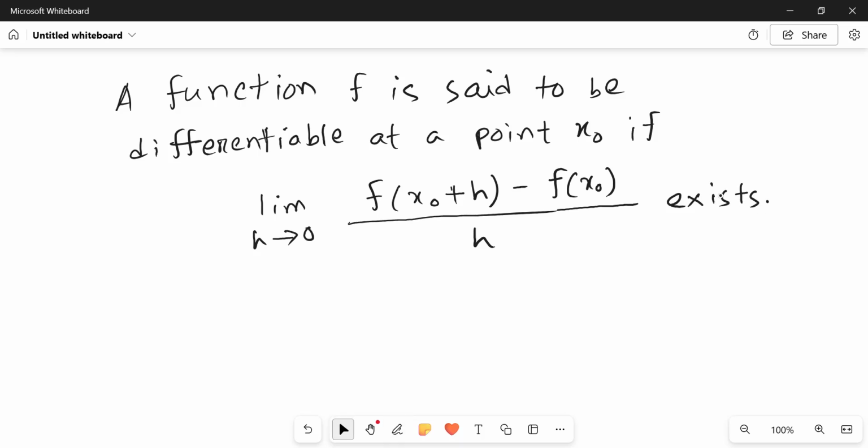So a function is said to be differentiable at a point x0 if this limit exists.